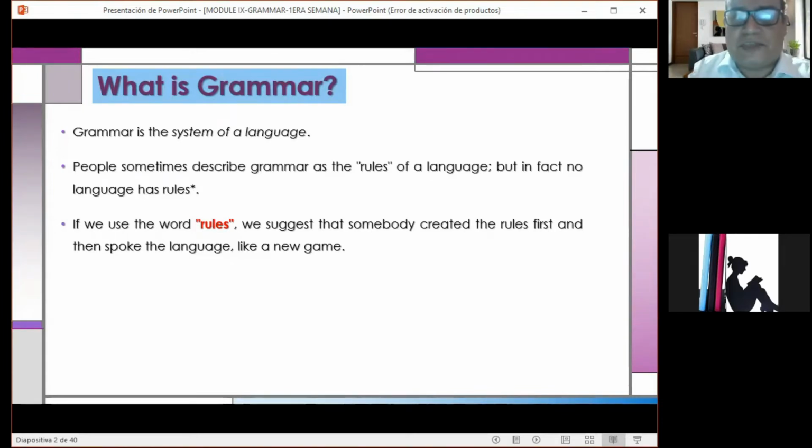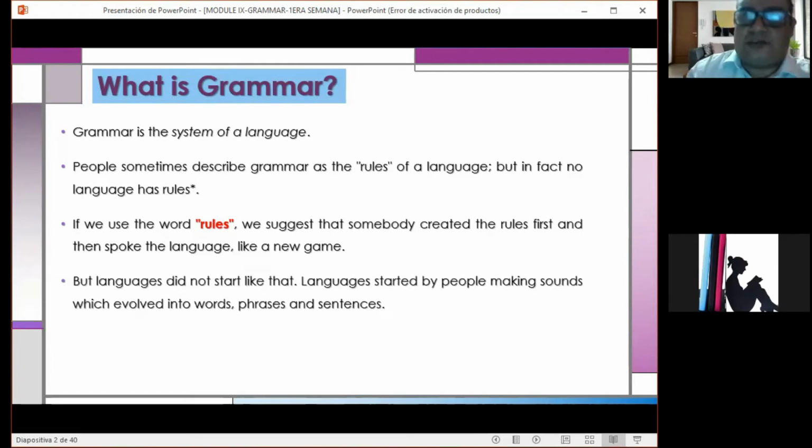So notice, if we talk about rules, there must be someone who created them. But languages, as I told you, did not start like that. Languages started by people making sounds, which evolved into words, phrases, and sentences.